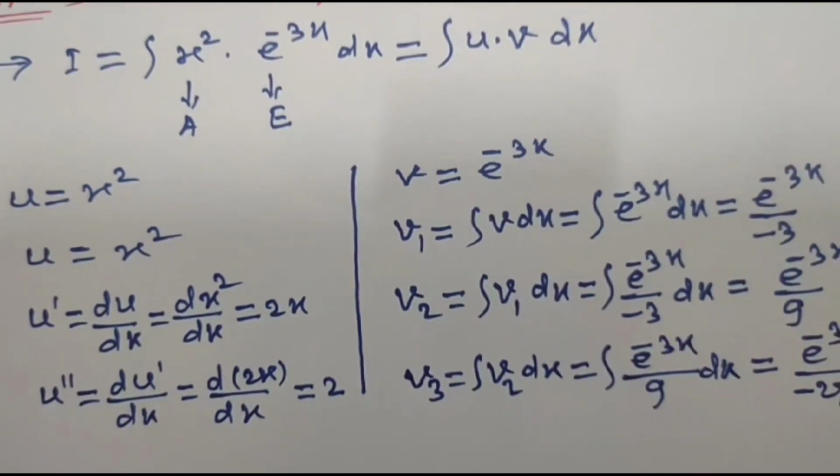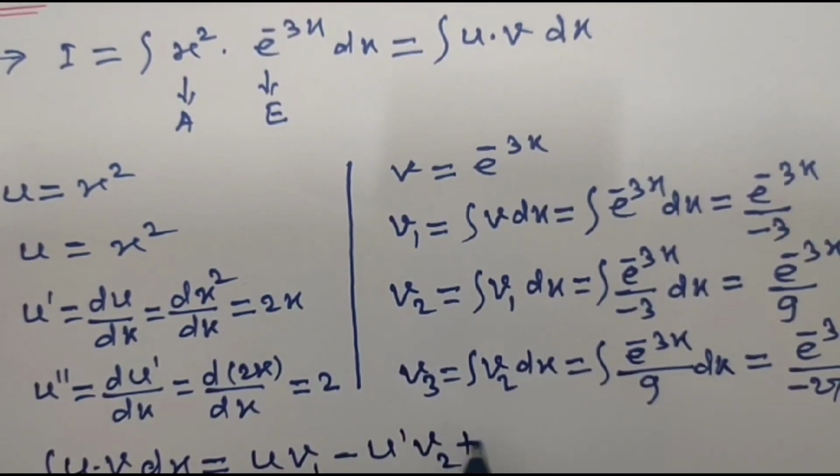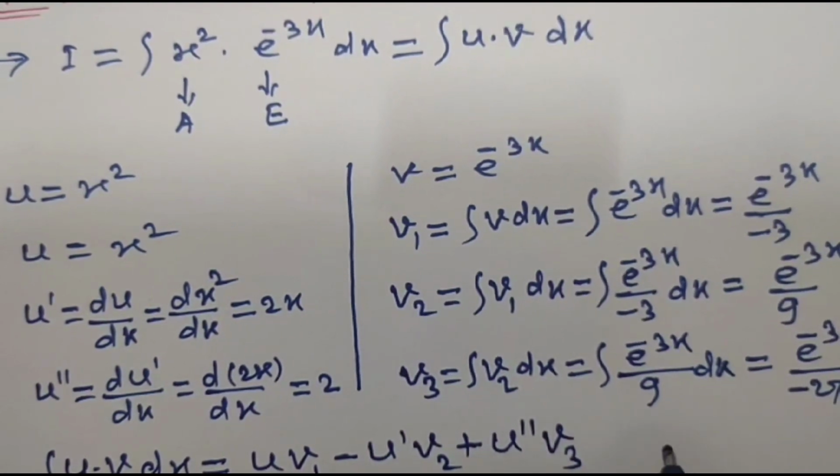Now apply the special formula: the integral of u into v with respect to x is equal to u into v1 minus u dash into v2 plus u double dash into v3. Up to this only. Next terms will be 0.